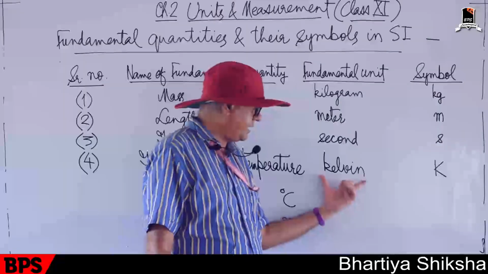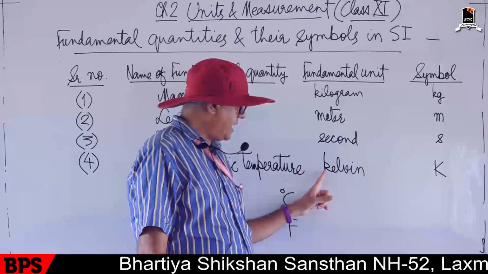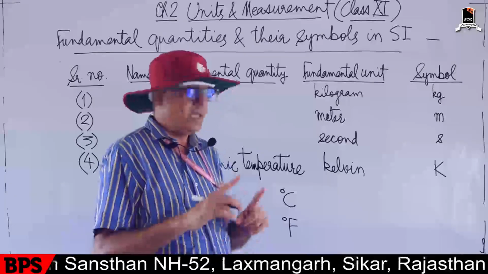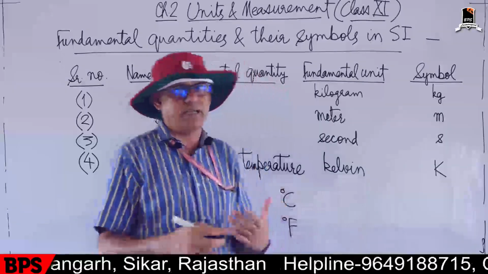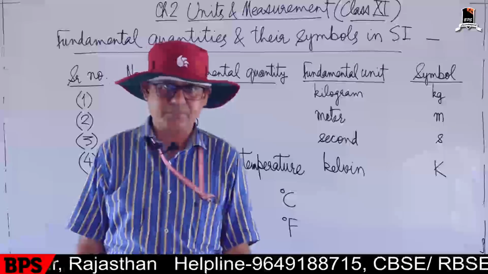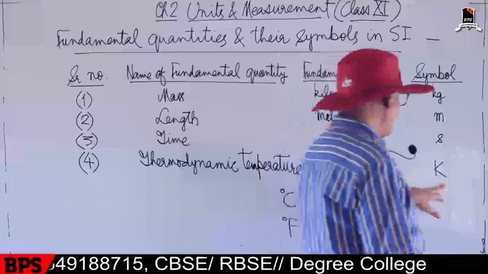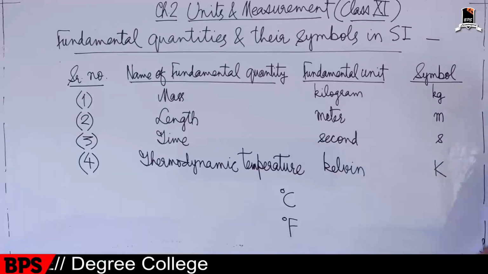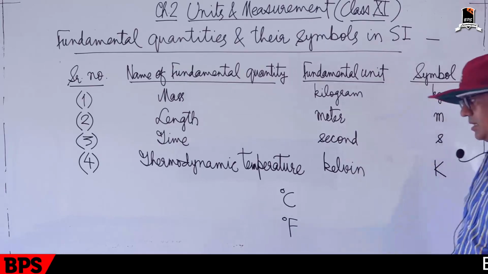Here it is in the name of scientist, but we'll write this as small k, ELVIN. All letters are in small cases. Getting it? So Kelvin is without degree, its symbol is written as capital K without putting any degree symbol here.